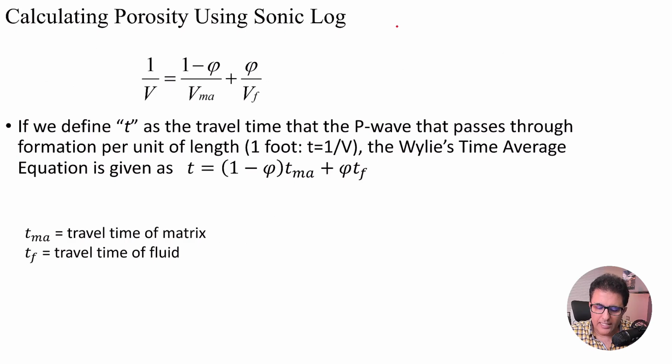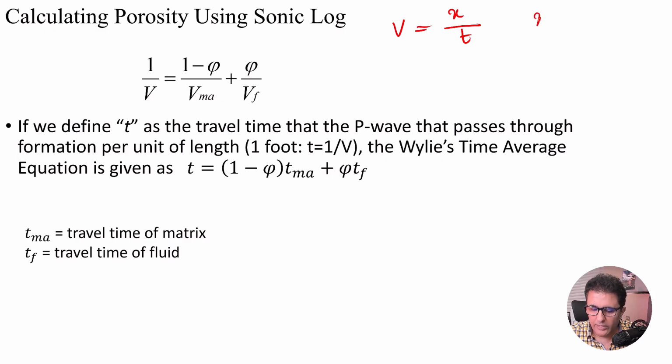So we know that velocity is given by x over t. X is the distance and t is the travel time. And now assume x is kind of the unit of length. For example, it can be 1 foot or it can be 1 meter.